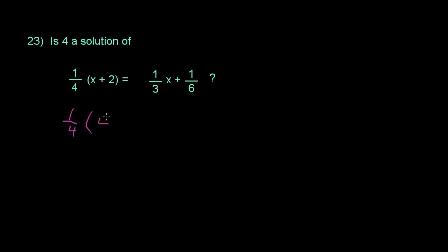We put the 4 in there, 4 plus 2, equals, and what is it equal? We're not sure yet. 1/3 times, and we replace that other x also with 4, plus 1/6, and we have a question mark because we're not sure. I see I forgot to complete my parentheses.